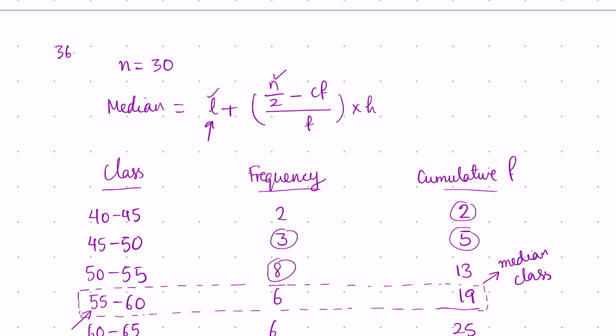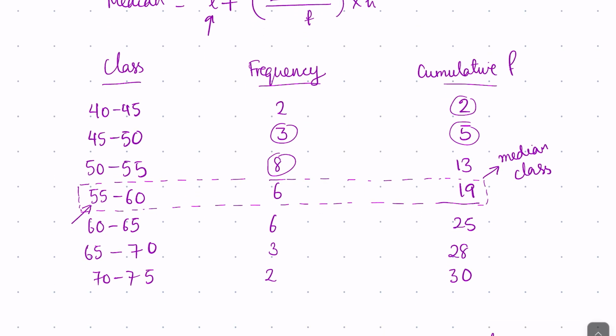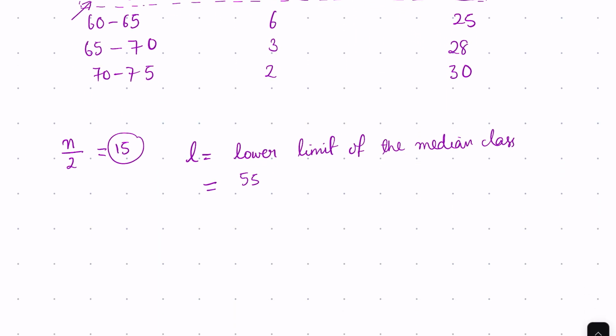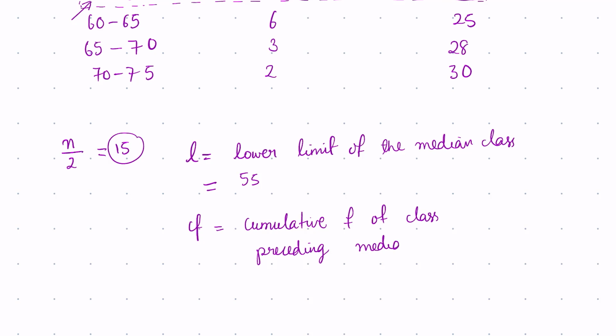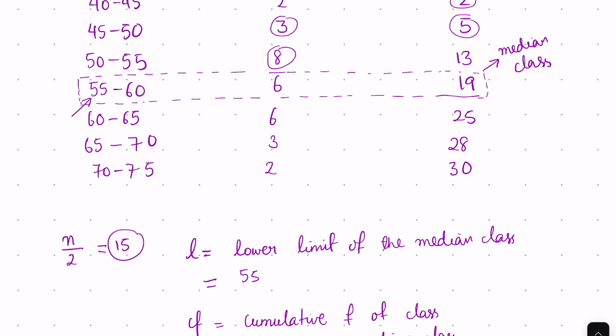We have n. I need to find out CF. What is CF? CF is the cumulative frequency of the class preceding the median class. This is the median class, and the class preceding it is this one.